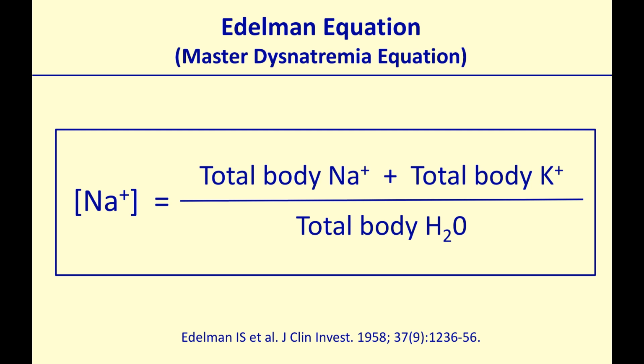Well, if you think about it, sodium is the main osmol in the extracellular fluid, but potassium is the main osmol in the intracellular fluid, and therefore changes in potassium could affect water shifts and therefore change the plasma sodium concentration. As a matter of fact, if you look at the equation, if your total body potassium goes down, manifested as hypokalemia, the plasma sodium concentration will go down as well. The so-called hypokalemia-induced hyponatremia.